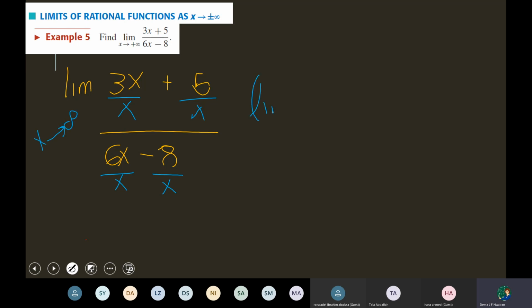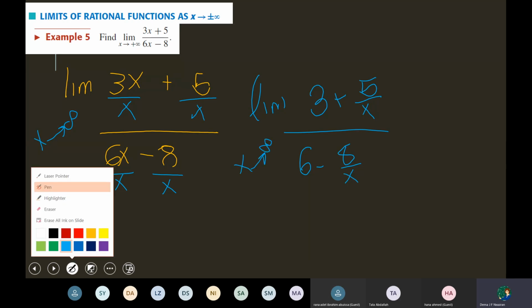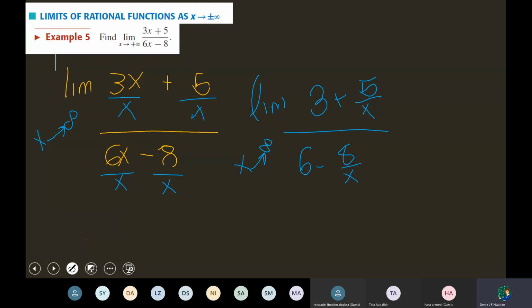So it will be the limit of 3 plus 5 over x over 6 minus 8 over x when x approaches infinity. Then after that, I evaluate the infinity. We know that the limit of a constant is itself, so it will be 3 plus 5 over infinity, which is 0, over 6 minus 8 over infinity, which is also 0. And the answer will be 3 over 6. This is the long way.